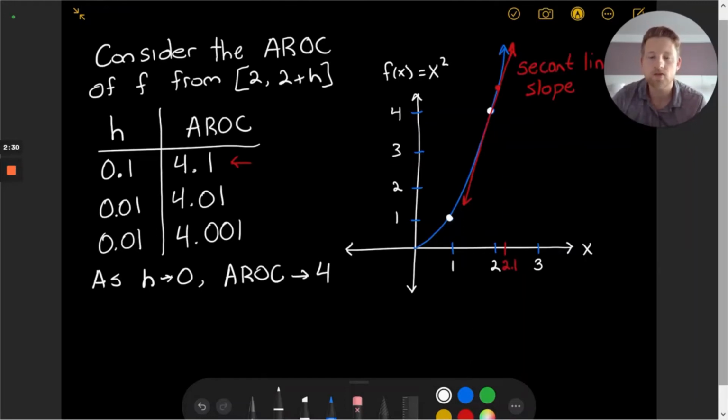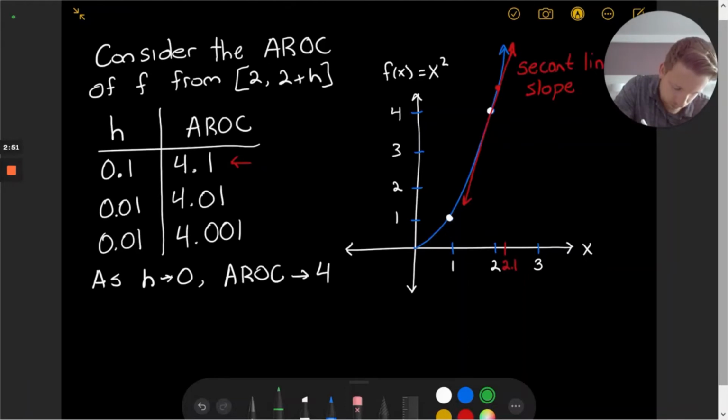Now, what if h was exactly 0? Well, then we'd be sitting at a single point. Well, if we think about a slope at a single point, that would be considered a tangent slope. So let's consider that on our picture.